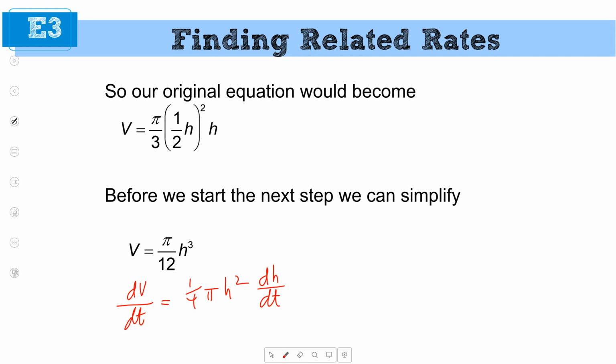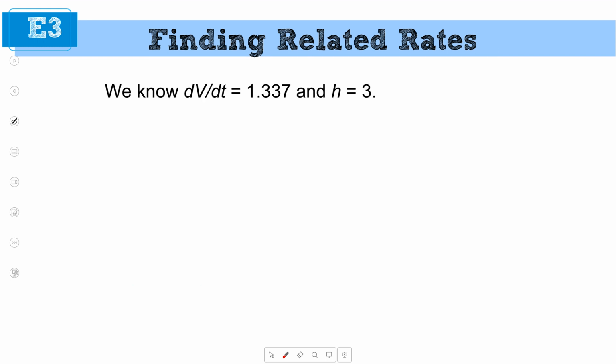We know dV dt, because we're filling the tank, and I told you what dV dt is. Therefore, we can solve for dH dt. Okay, good. And then that, what we just talked about, plug and chug and solve. Calculator practice. Tell me what dH dt is, please.